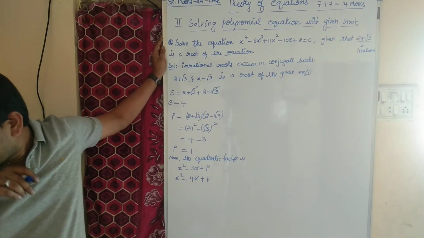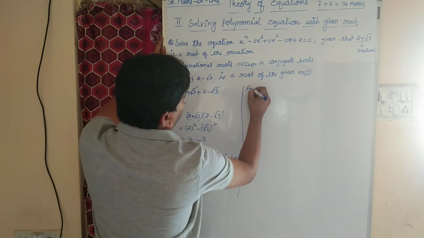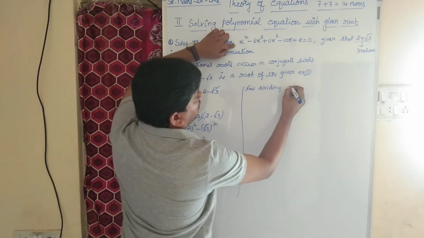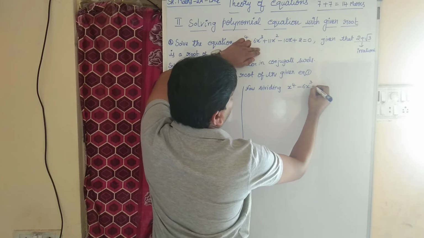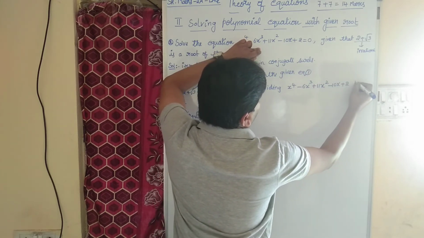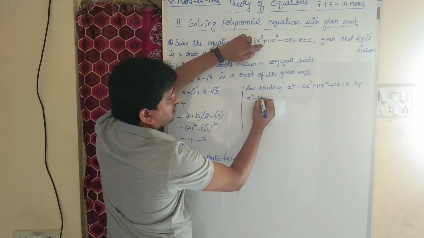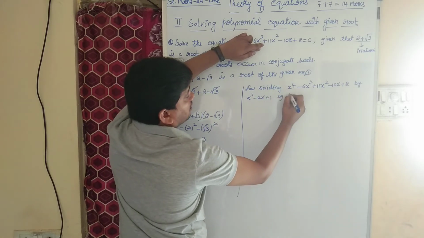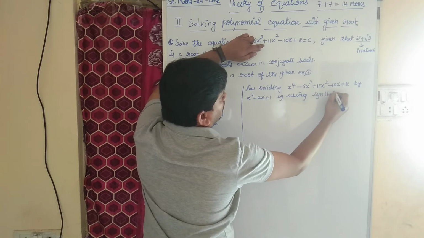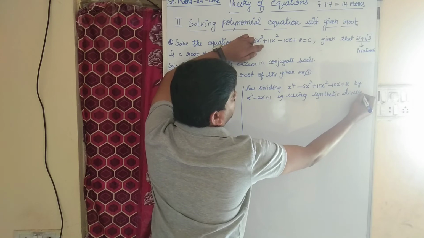Now dividing x to the power of 4 minus 6x cube plus 11x square minus 10x plus 2 by x square minus 4x plus 1 by using synthetic division, right?